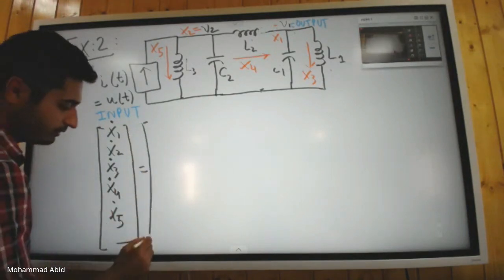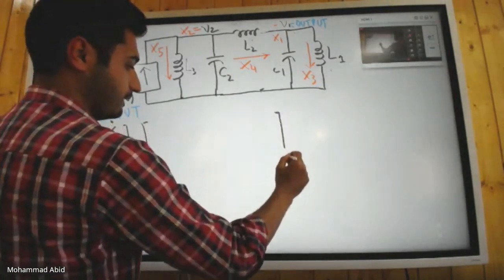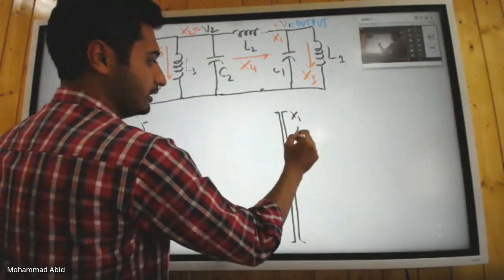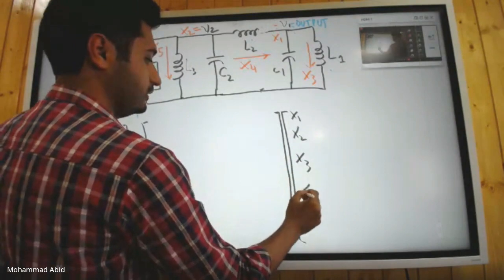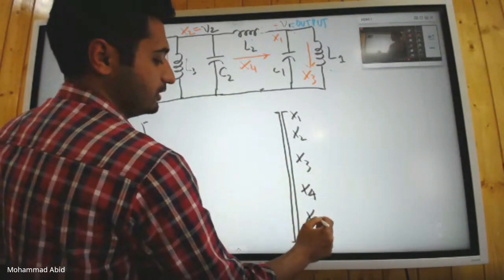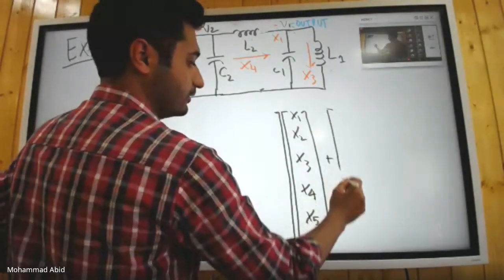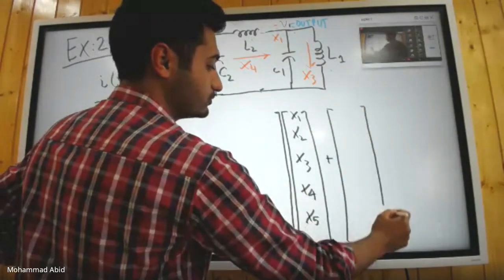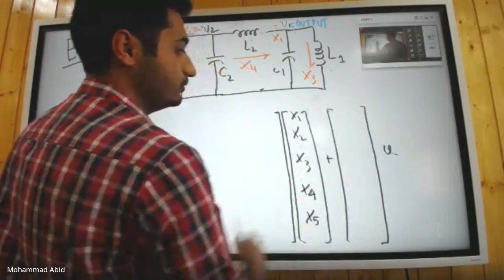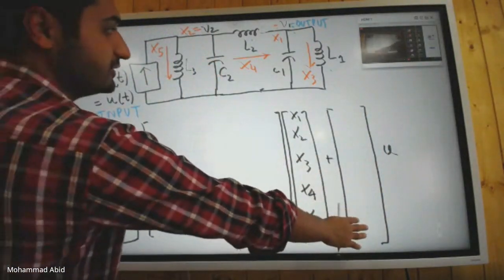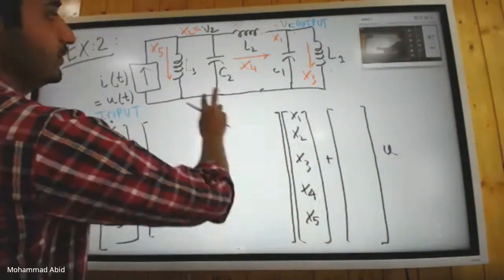We'll have a 5 cross 5 A matrix, which will relate to the state variables X1, X2, X3, X4, and X5. Then you'll have a vector B because this is a single input, and U. So you just have to fill the entries for A and the entries for B. And how will you do that? You will have to use circuit analysis.